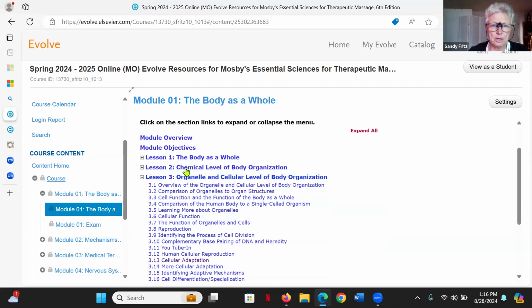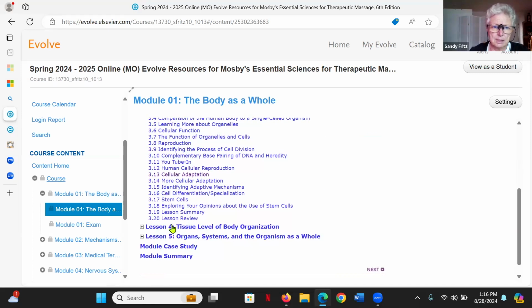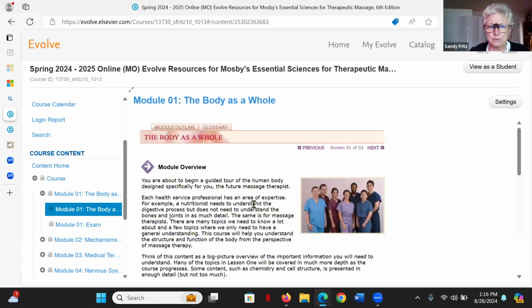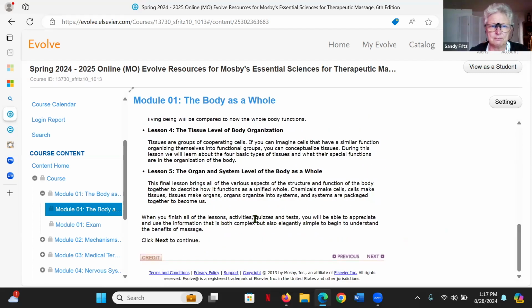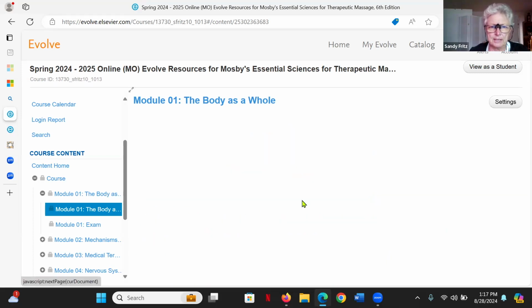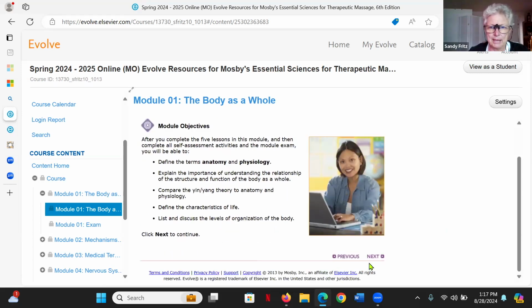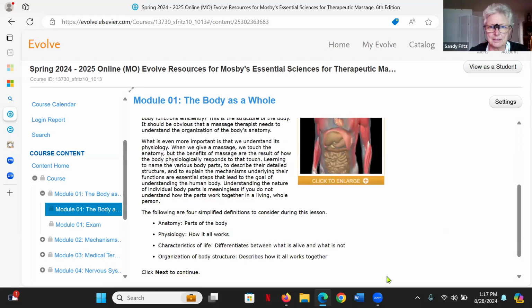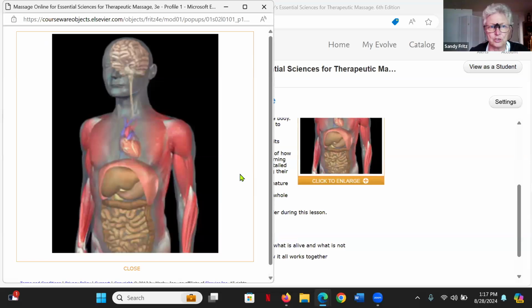So there you go. The body as a whole, chemical level, organs, systems. Down here, you just keep clicking next and it'll move through for you. There are embedded funnies; I had to keep myself entertained while I was doing some of these things. If you see something here, you can click on it and it'll make it larger.